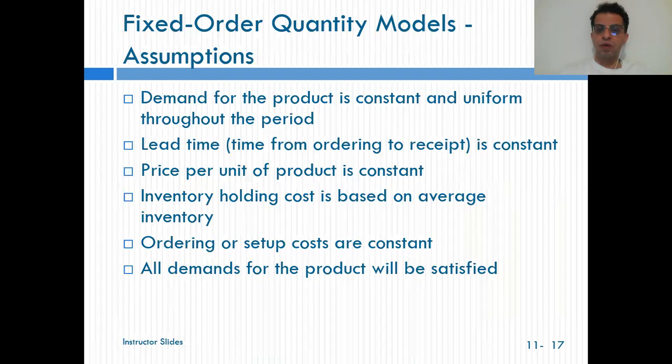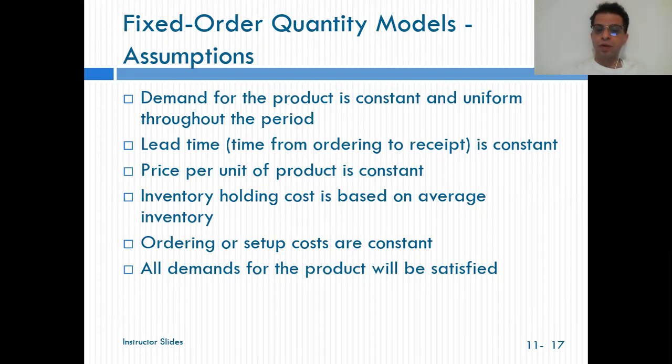Now, in the fixed order quantity model, the assumptions are that demand for the product is constant and uniform throughout the whole period. The lead time, the time from ordering to receipt, is constant. For example, 1 week: when it reaches a certain amount, 1 week before that, you make the order.